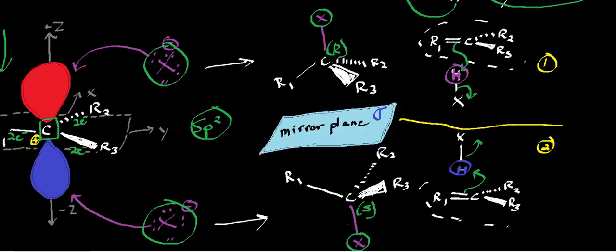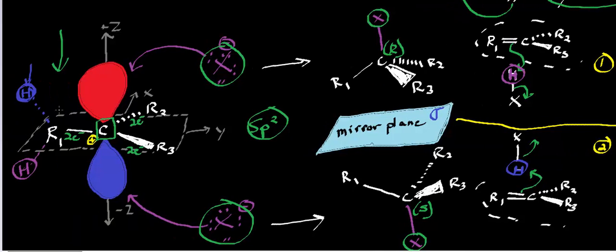So what's the point? The hydrogen can add top or bottom, and the halide, because of the carbocation, can add top or bottom, which means that overall this process is completely non-stereoselective. You can't select which enantiomer or diastereomer forms. You get a mixture of products.